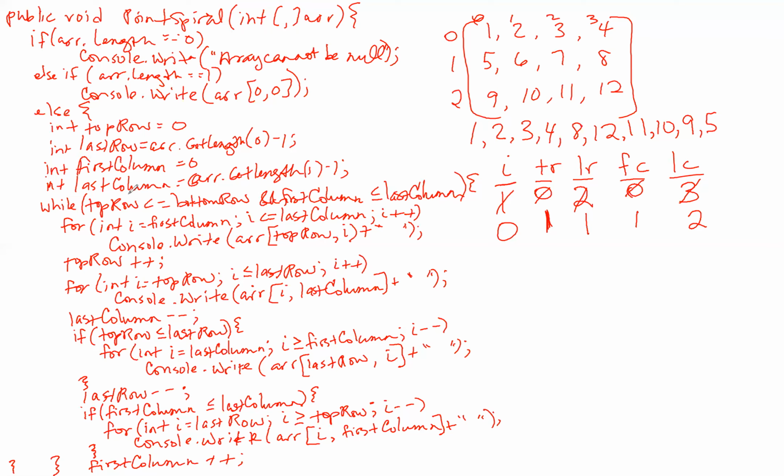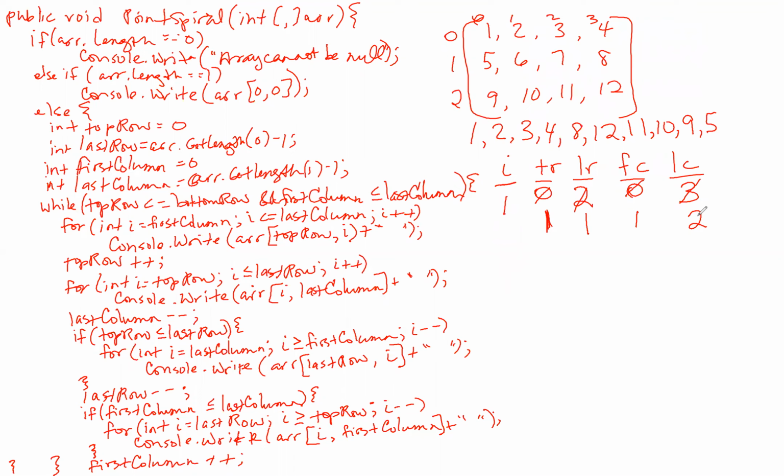While top row is less than or equal to the bottom row, so that's true, 1 is equal to 1, and first column is less than or equal to the last column, and that's true because first column's 1 and last column's 2. So we go into our while loop, and let's go ahead and reset this I. So for I equals first column, that's a 1, and I is less than or equal to last column, which is a 2.